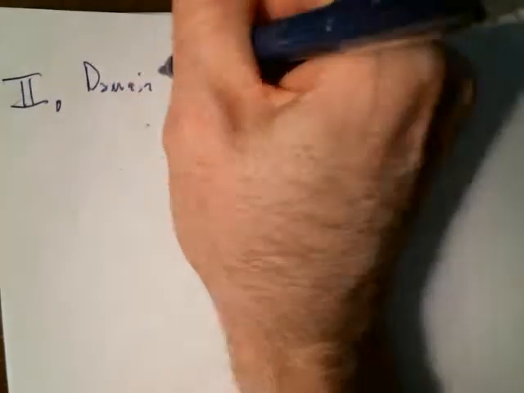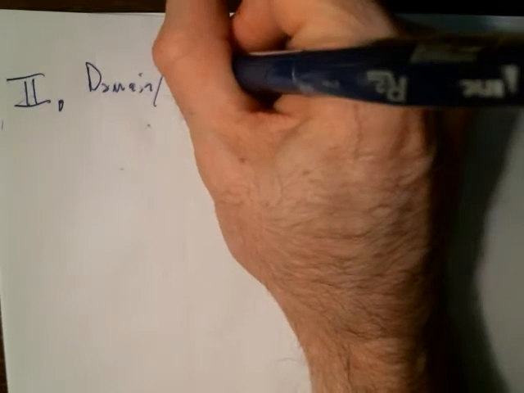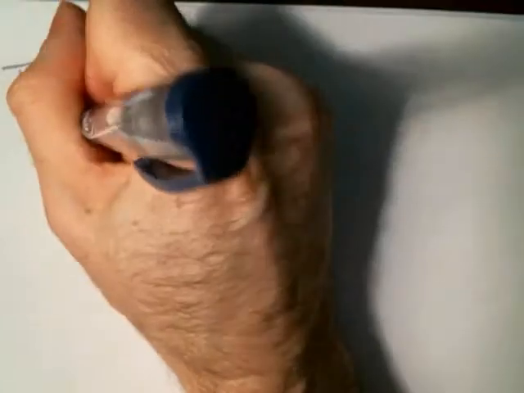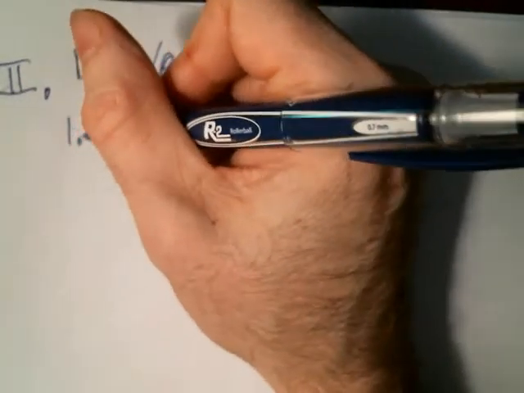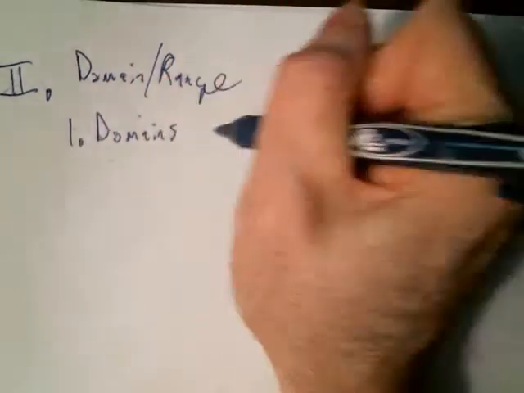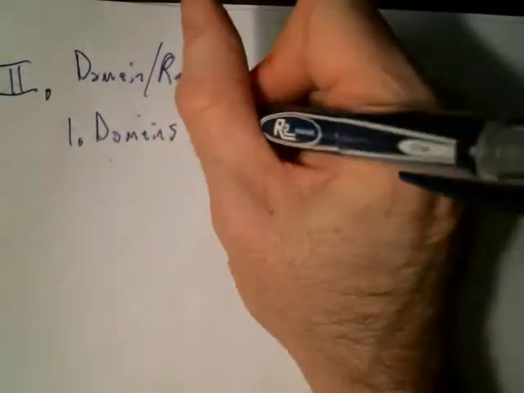Domain and range issues will always be floating about. We're going to be very interested in graphing these things. We want to be able to identify the important bits and pieces. So domains, you remember how this works.